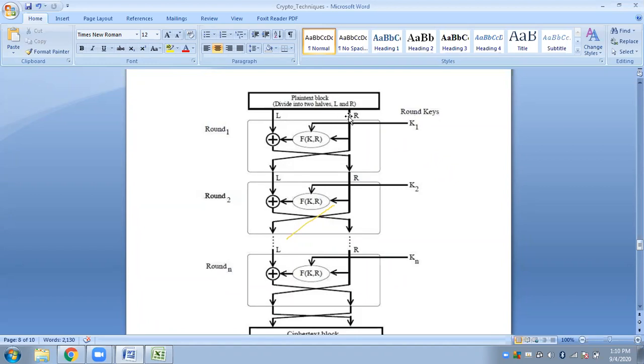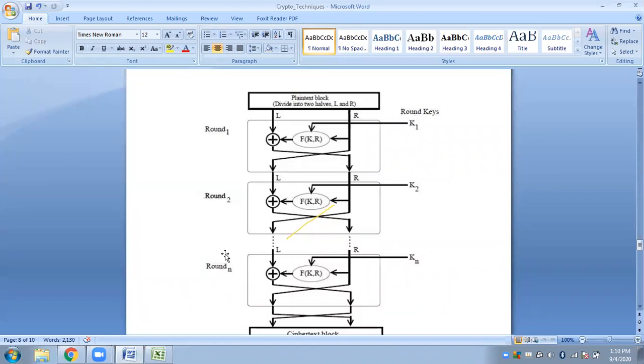Now remember that in Feistel cipher, processing is done in rounds. The processing of every block will be done in some number of rounds, and the number of rounds will depend on the algorithm that you will be using.